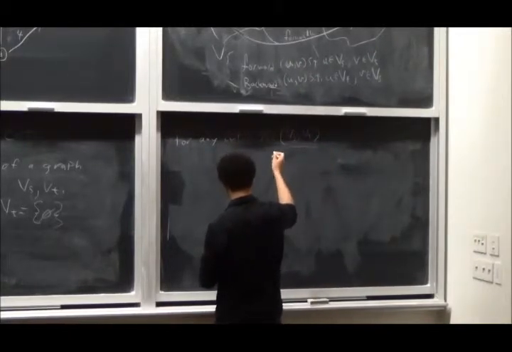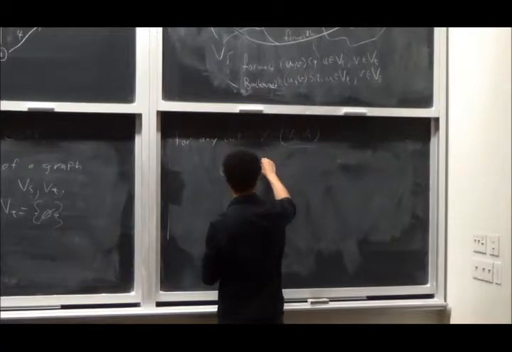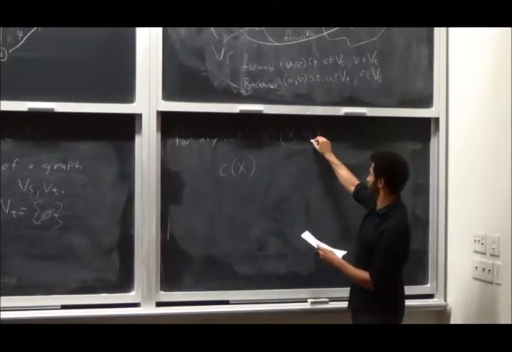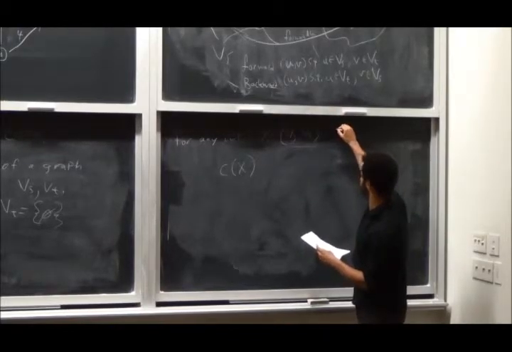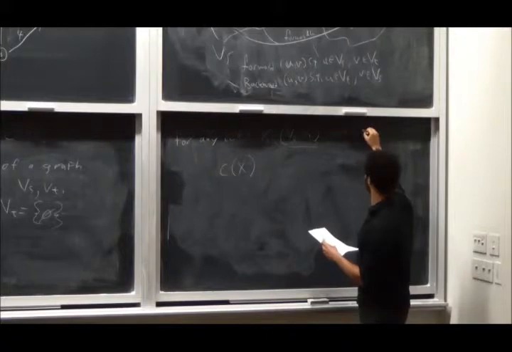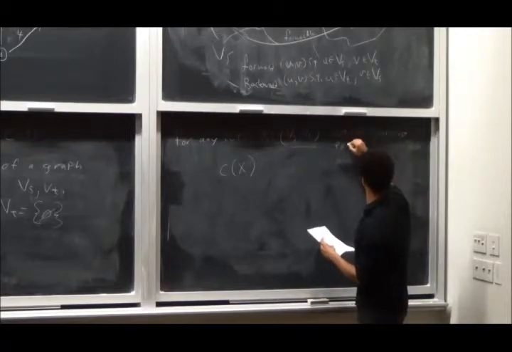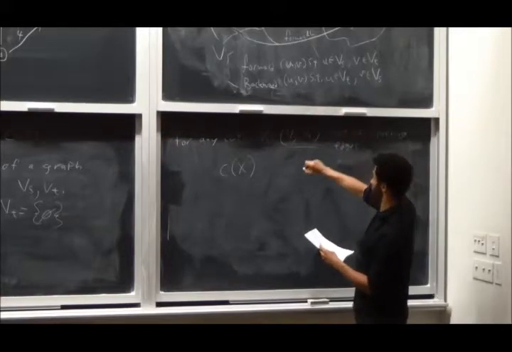It's weird, but given this set of cut edges, it's all the edges that start in V_S and end in V_T, right? So it's all these. We can call this a set of spanning edges, such that they span the gap from V_S to V_T.